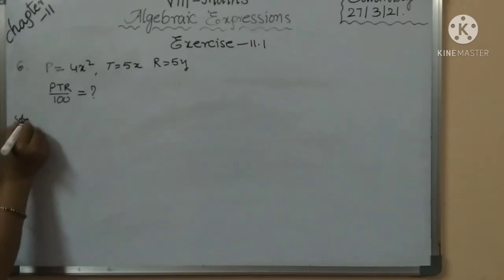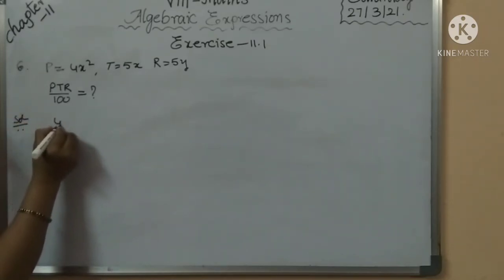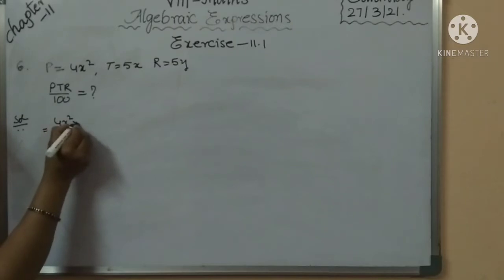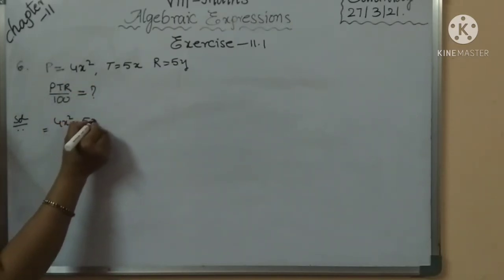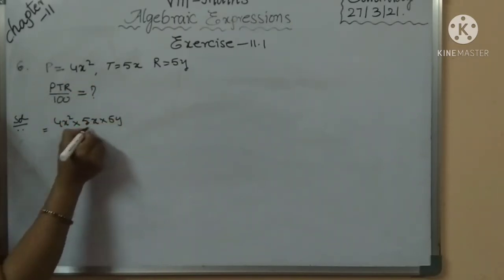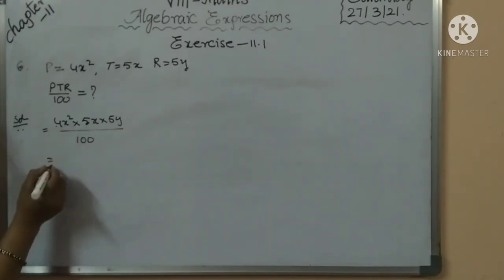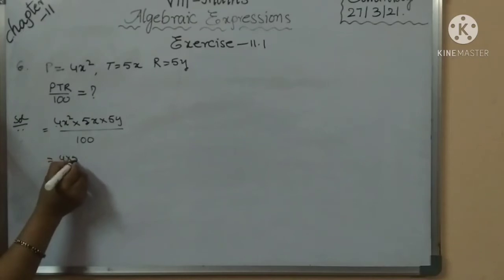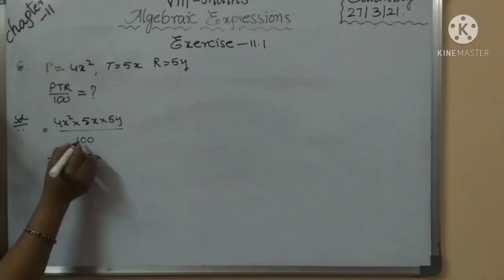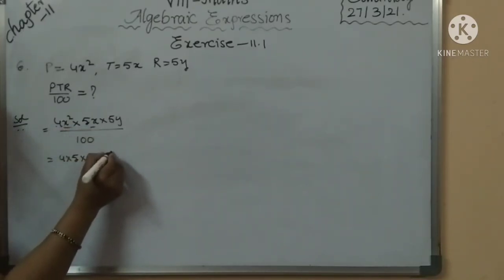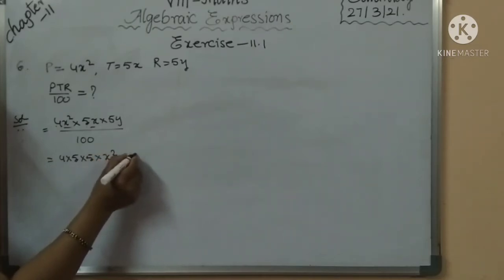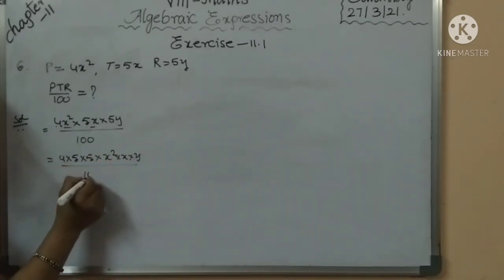So solution. Here P is 4x square into T is 5x into R is 5y by 100. First, the product of the coefficients: 4 into 5 into 5 into x square into x into y by 100.